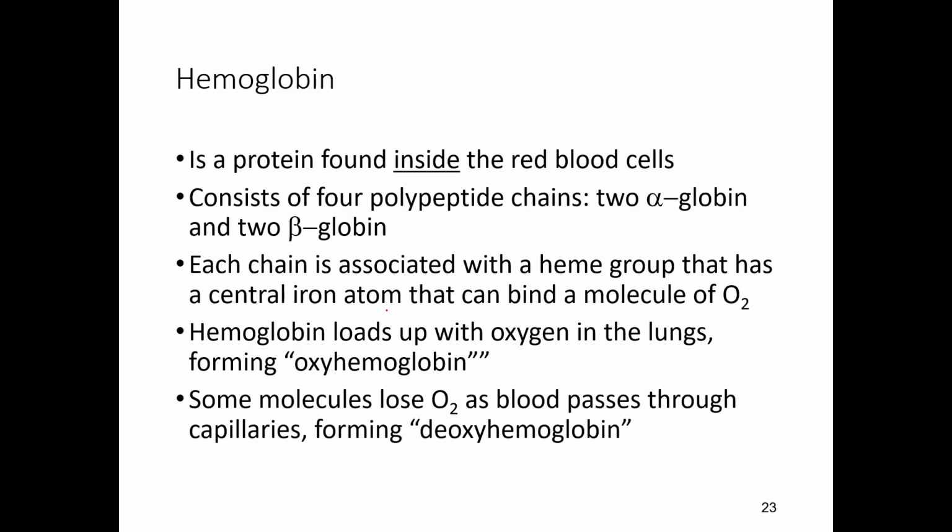The hemoglobin has a porphyrin, actually 4 porphyrin rings in it, and those are called heme. And the heme is what binds the oxygen. When the hemoglobin contains oxygen, it's called oxyhemoglobin. When it's not, it's called deoxyhemoglobin.